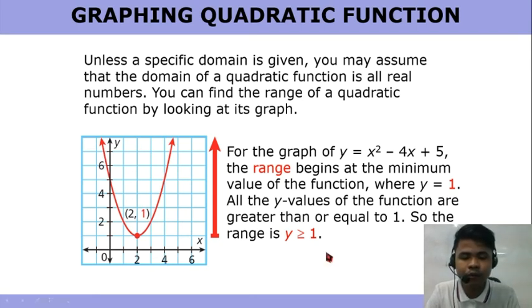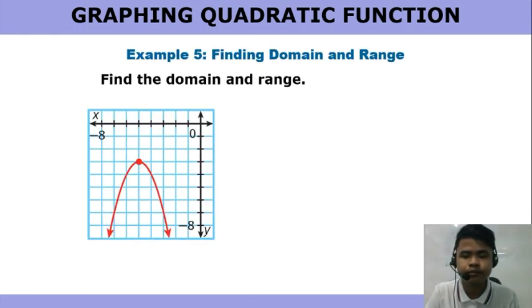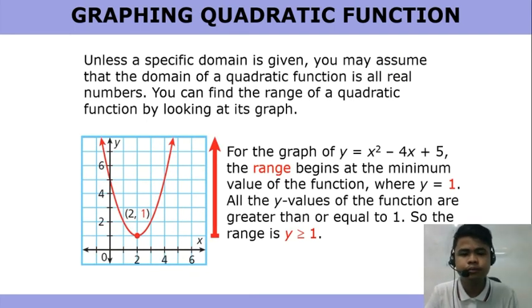Kapag upward, it is always greater than equal. At kapag downward naman, we will use less than equal. Okay, dito, the domain is all real numbers. You may assume that the domain of a quadratic function is all real numbers. Okay, here the domain is all real numbers.